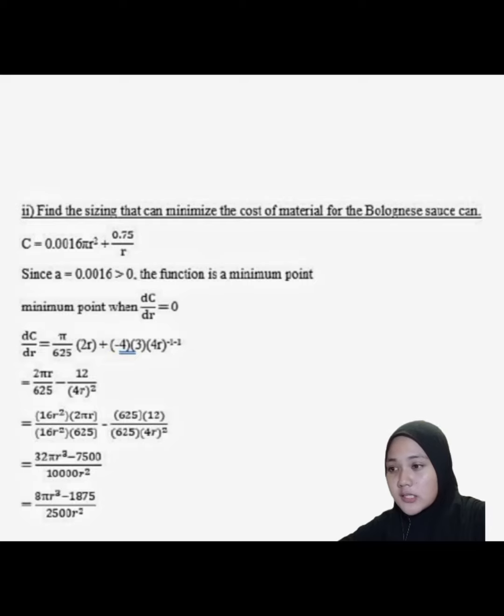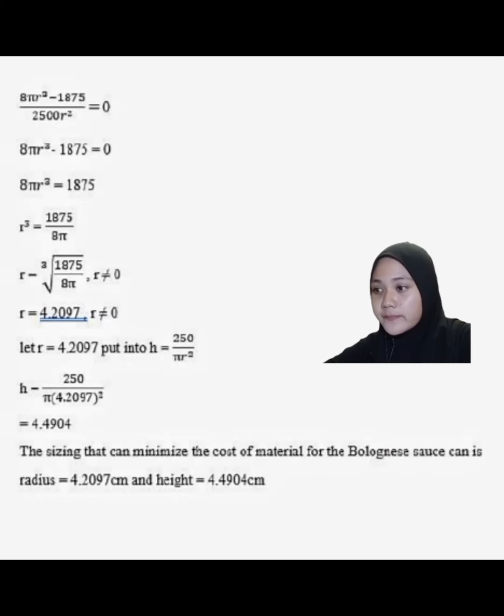Since 0.0016 greater than 0, the function is a minimum point. Minimum point when dC divide dr equal to 0. So when we simplify the equation, we will get the value of r.